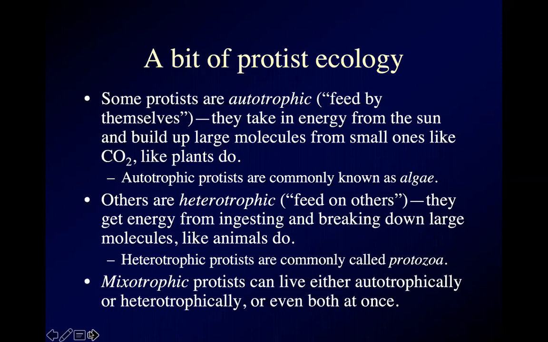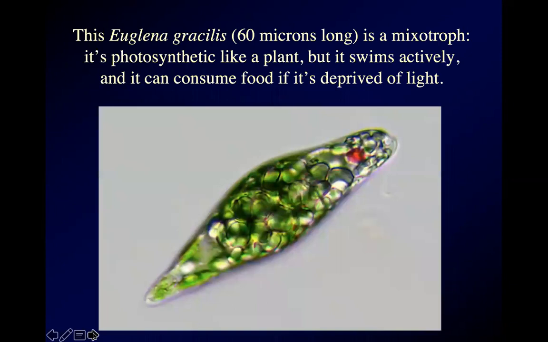Protists that can live either way or both are said to be mixotrophic. And this happens to be a mixotrophic protist. It's called Euglena. By the way, I told people that looking for terms that are italicized would be a good way to study.